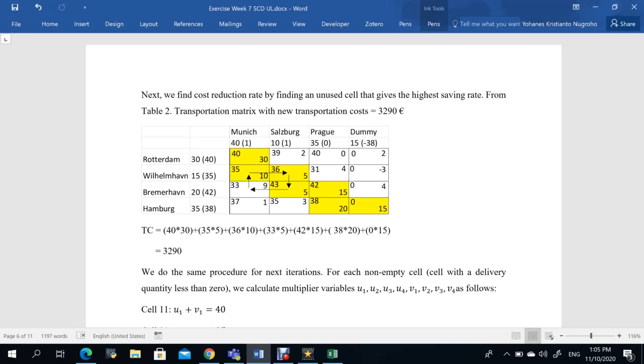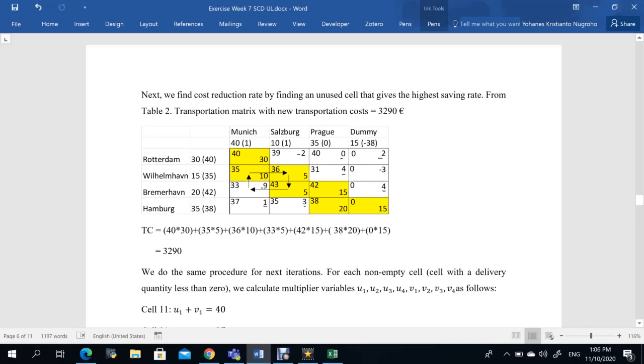Let's say here we have additional numbers, like here 2. It's called saving by changing, for instance, from any of these cells to these cells. We have additional saving at 2. Here we have additional saving at 0, 2, minus 3. Here is 4. Here also 4. Here is the highest at 9, and therefore we choose it in the next iteration. And here is 1. And this is 3.